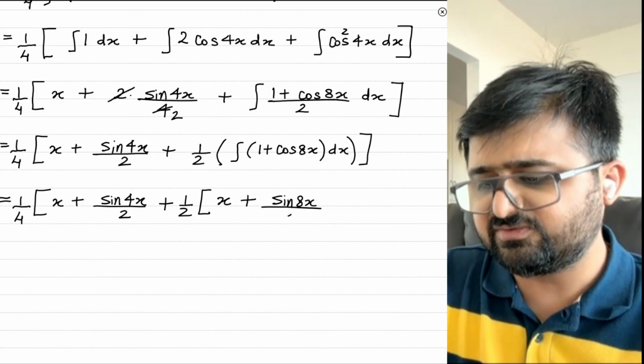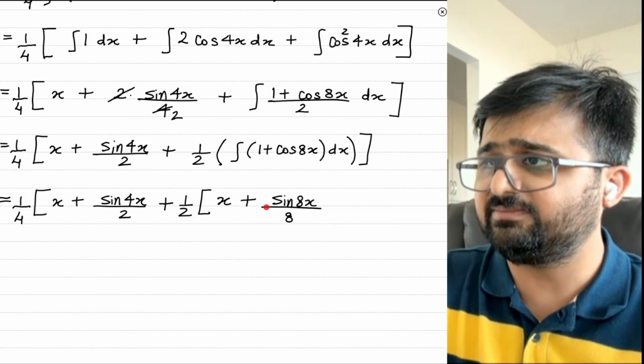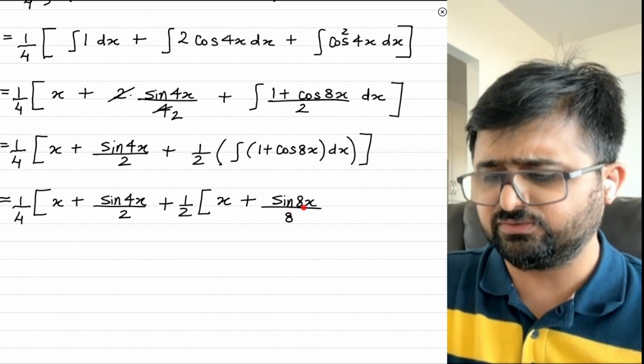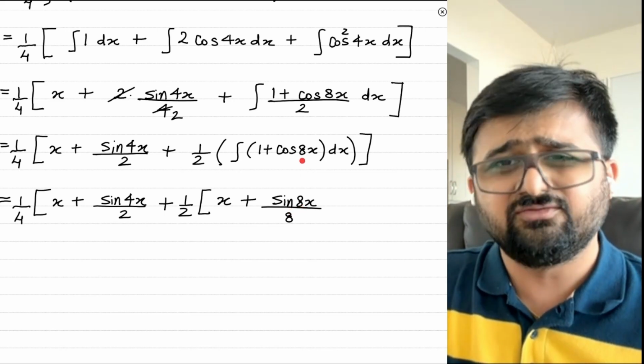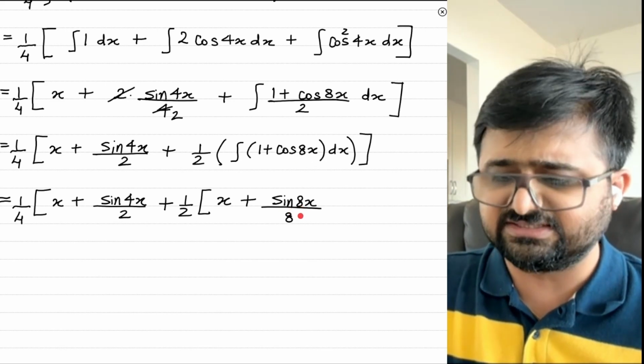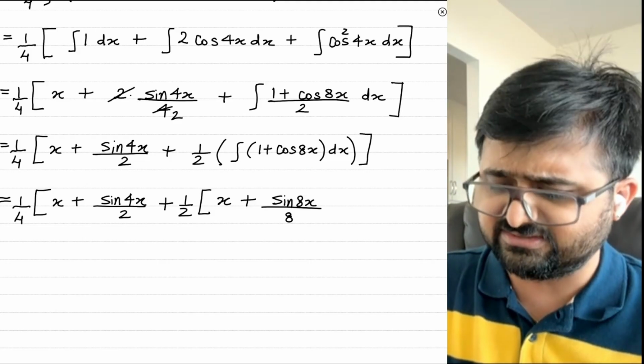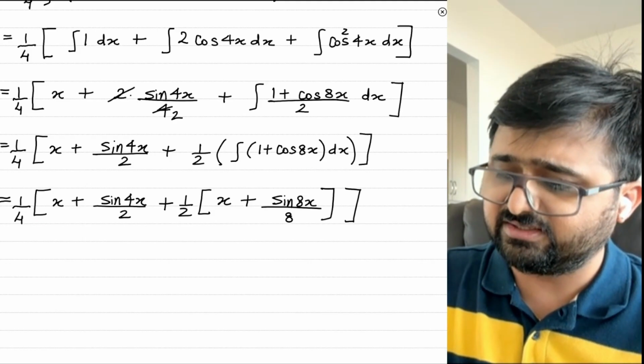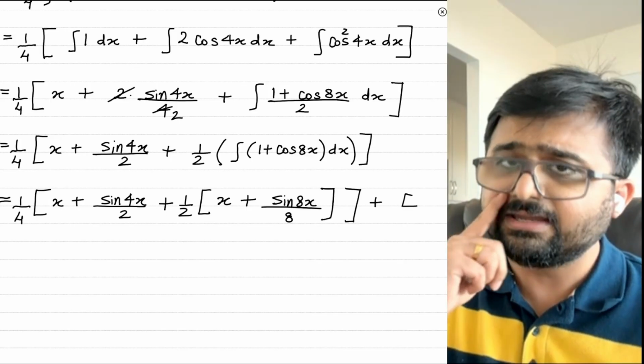But remember, in integration, we divide by the coefficient of x. So we divide by that 8, which is the coefficient of x. I've seen people doing u substitution in order to integrate this cos 8x, which is not really required. Just divide by the coefficient of x, which is 8 in this case, and you have the answer. I'll close that bracket, close this bigger bracket. Let's add the constant of integration c, and that is our final result.